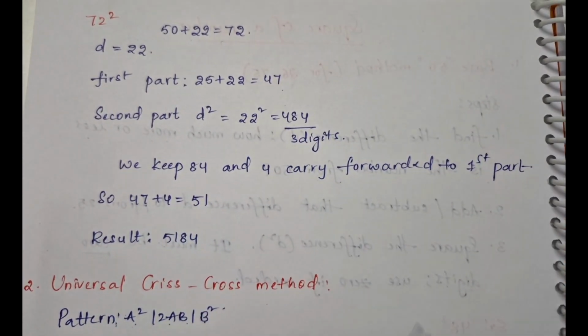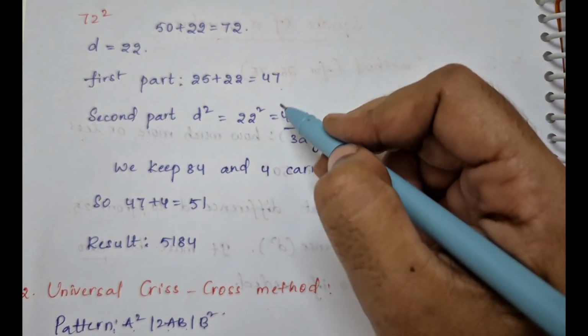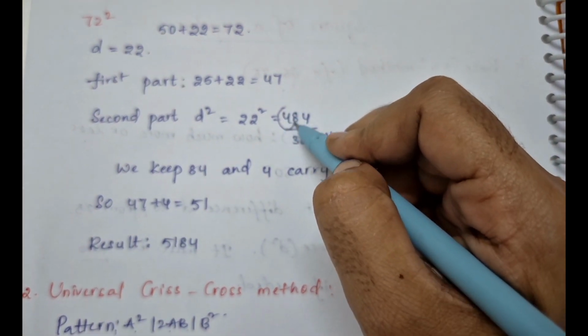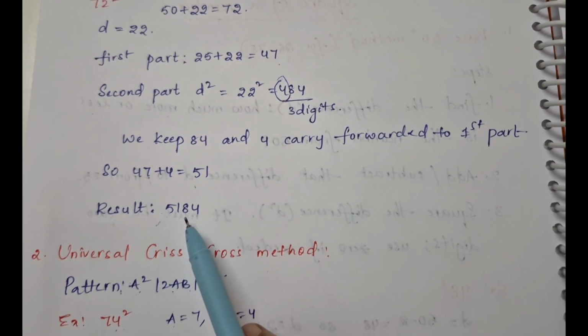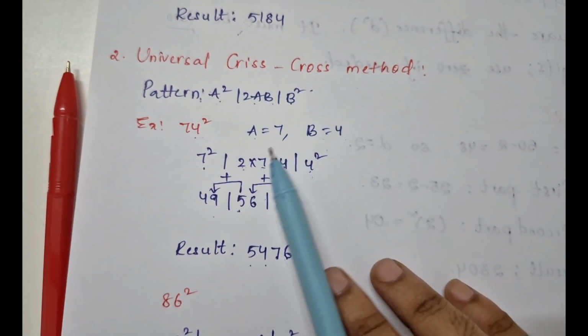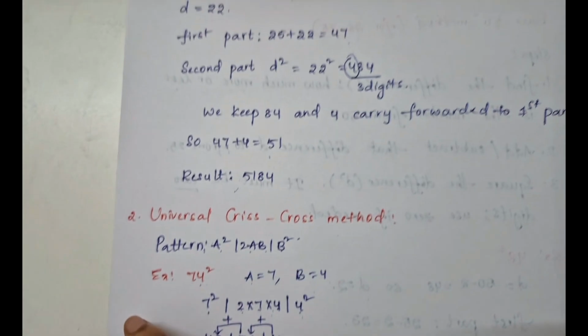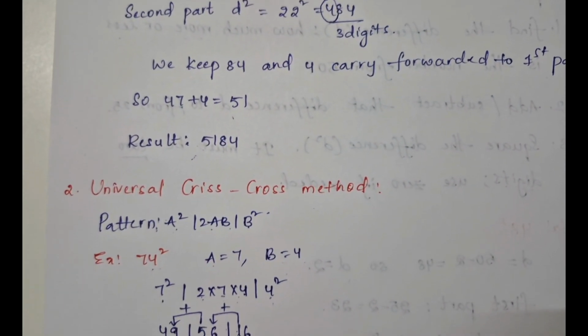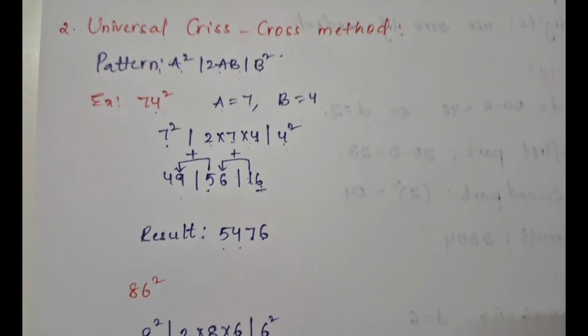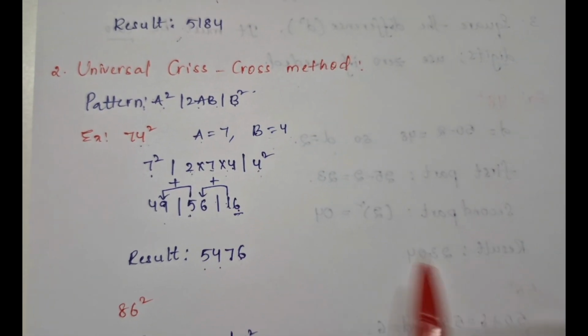So 47 plus 4 equals 51. This is going to be the actual first part. So the first part is 51 and the second part is 84. So what is 72 square? We got 5184. Simple, right?